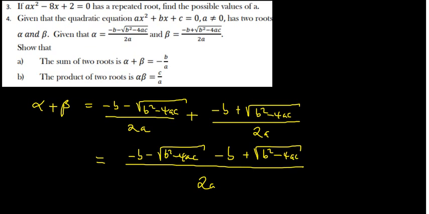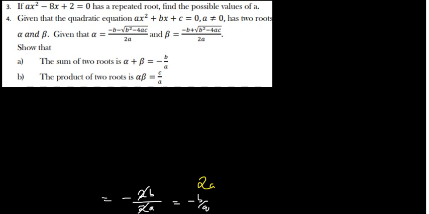From what we can see, these two roots will cancel because they have opposite signs. What remains is negative b minus b, which gives us negative 2b. Down, remember, we have 2a. So the 2 cancels with the 2 there, and that gives us negative b over a, and that is what we've been given, so hence shown.